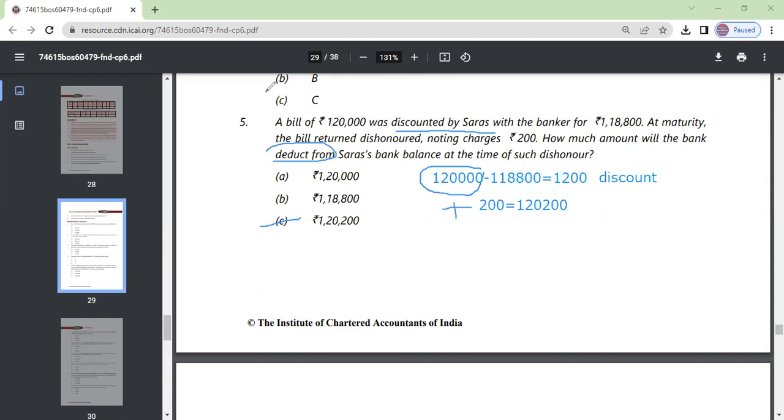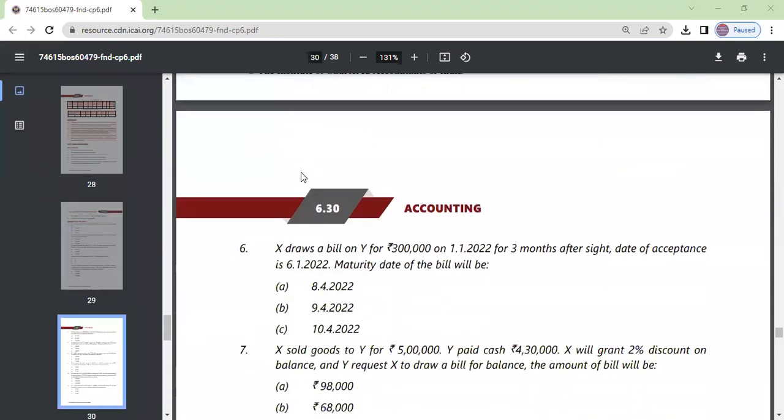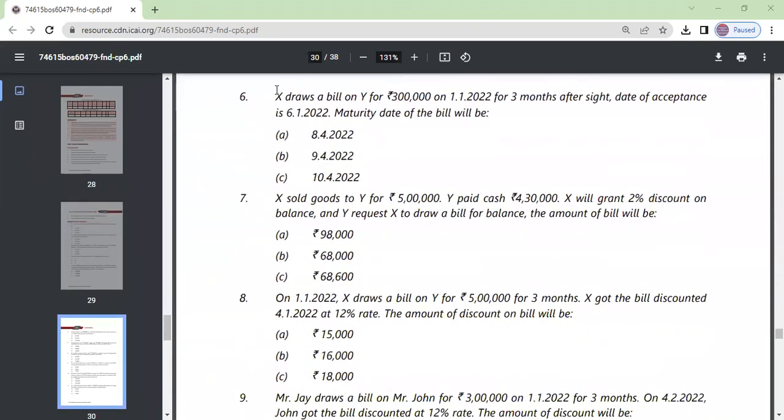Now, coming to the next question. Question number 6. X draws a bill on Y for 3 lakhs on 1/1/2022 for 3 months. After sight, just now we discussed: bill after date means due date or maturity date can be calculated from the date of bill drawn.